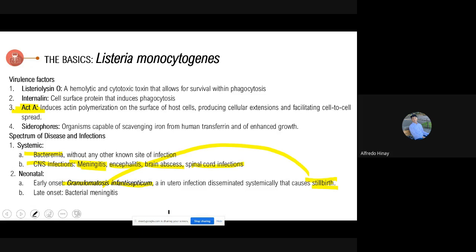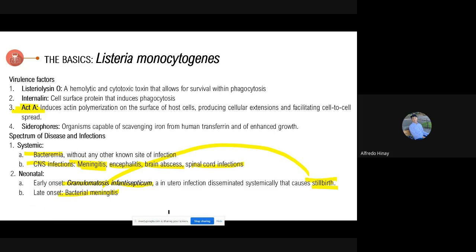And of course, same with our Listeria monocytogenes and Streptococcus agalactiae is bacterial meningitis. So I hope you appreciate, class, Listeria monocytogenes, that it is almost the same as Streptococcus agalactiae, class.